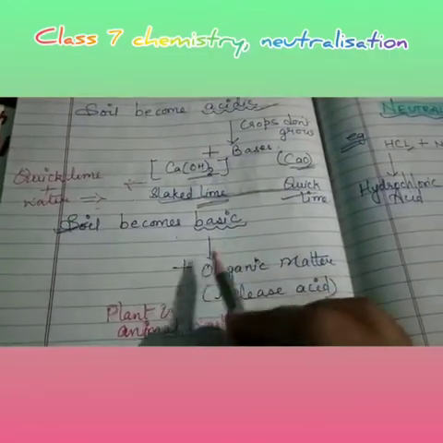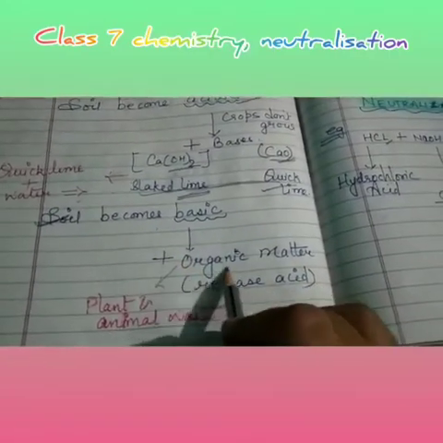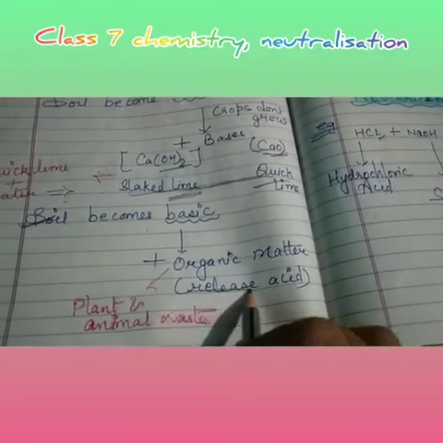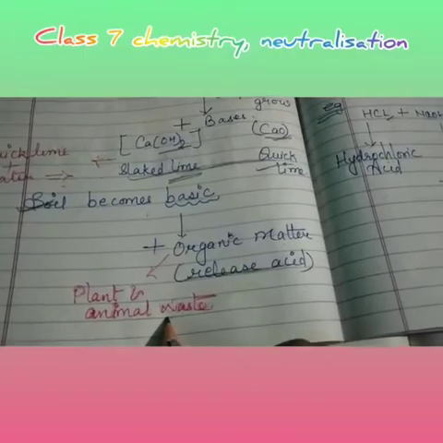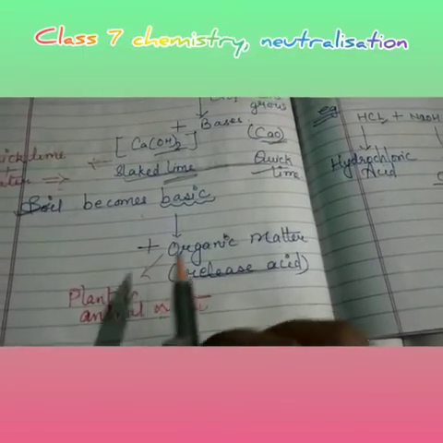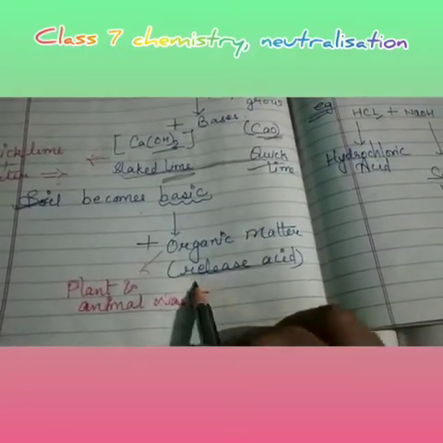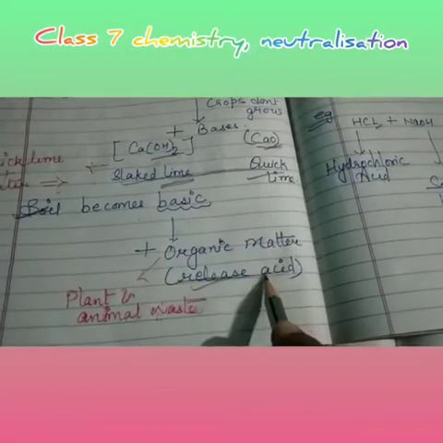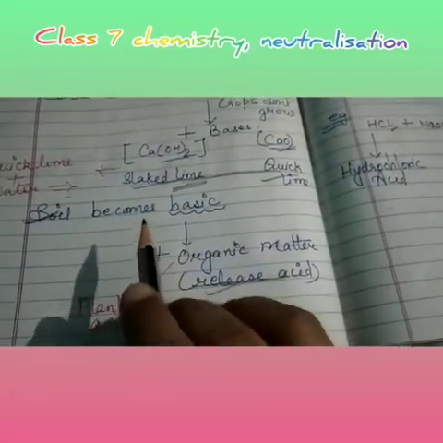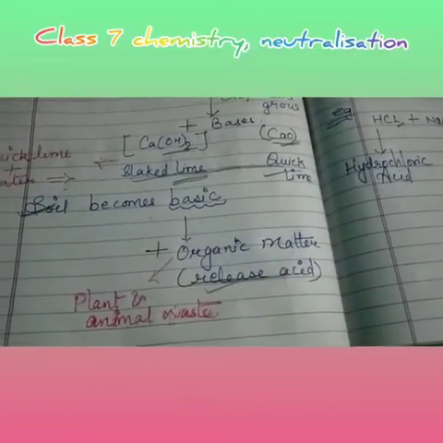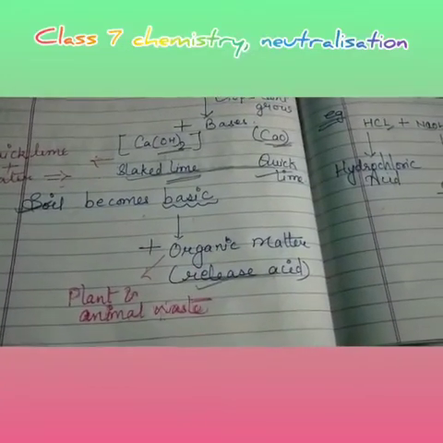When soil becomes basic, what do we do? We add organic matter. What is organic matter? Plant and animal waste of any kind comes in organic matter. Organic matter, when decomposed, releases acid. This acid neutralizes the base, and as a result, the soil neutralizes and becomes ready for crop growth.